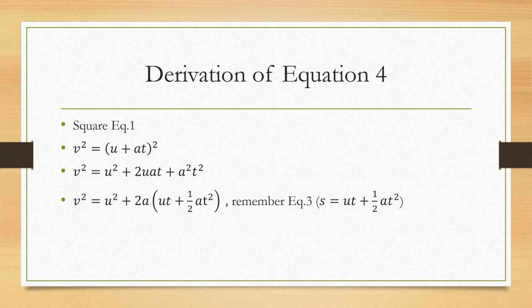As you can see, all the terms in the bracket are very familiar: they are from equation 3, ut plus half at squared, which is the displacement s. So we can replace all these terms in the bracket with s. So we get the fourth equation, v squared equals u squared plus 2as.